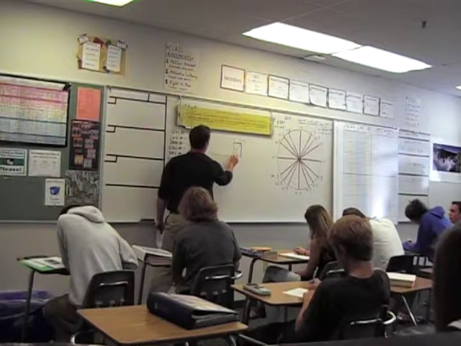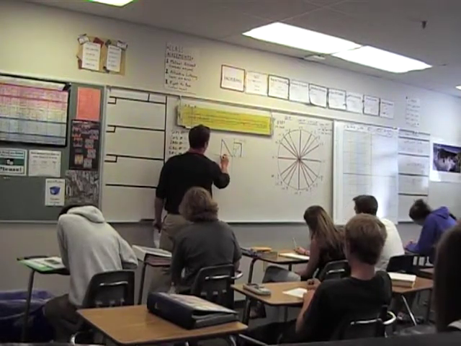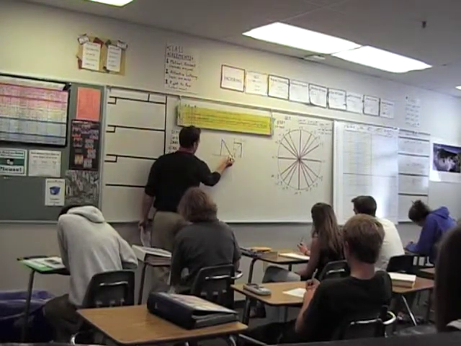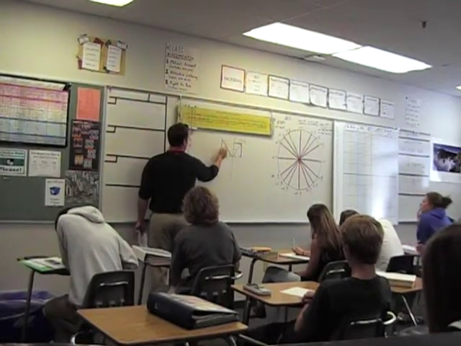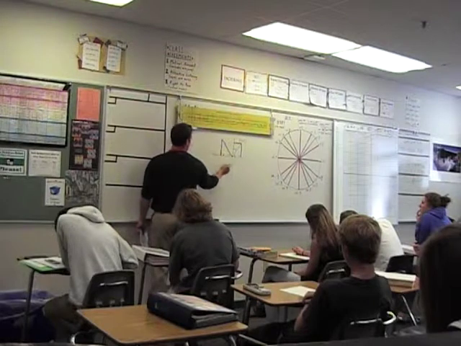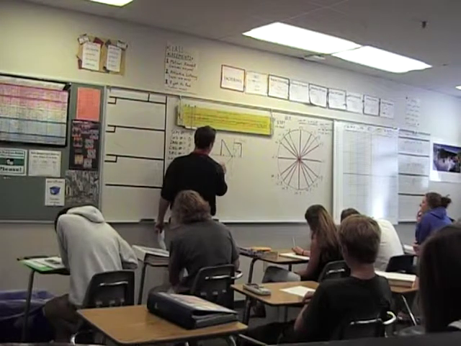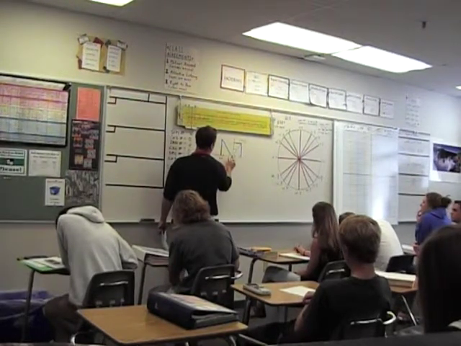So if I'm at (-3, 4), up here, where did I draw my line to? The x-axis. This goes for every quadrant. Angle of interest.